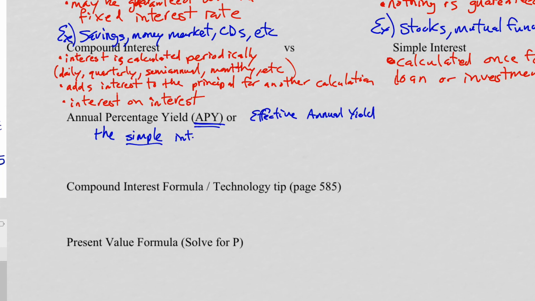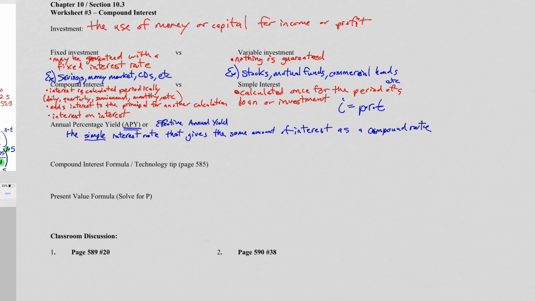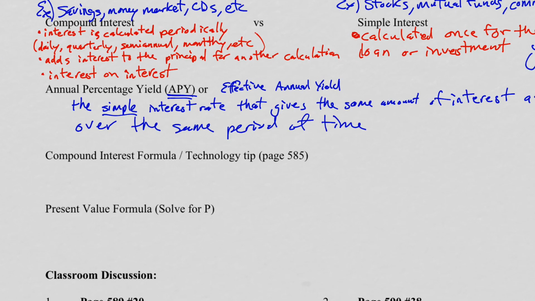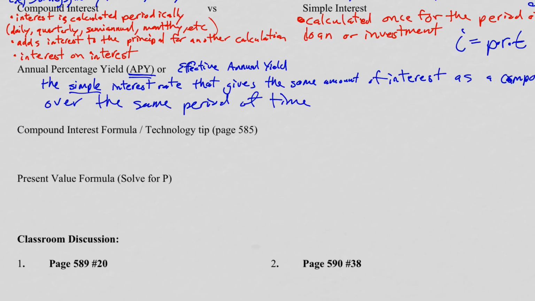It's just the simple interest rate that gives the same amount of interest as a compound rate over the same period of time.